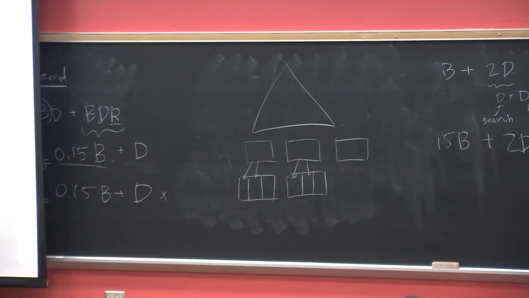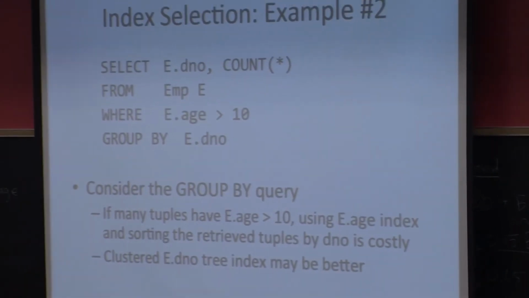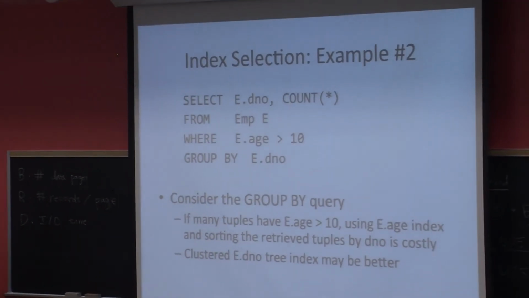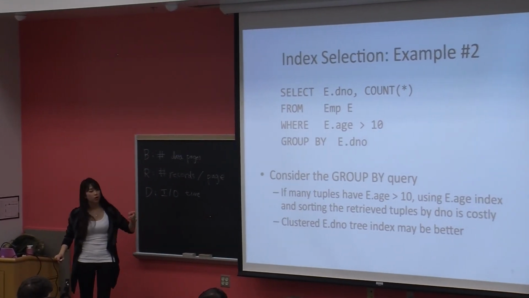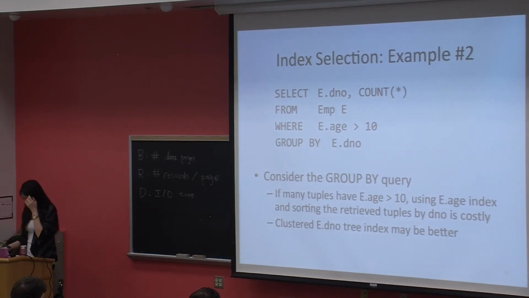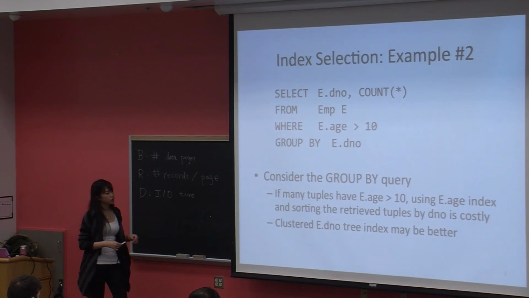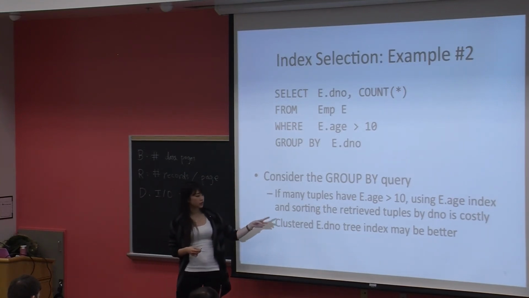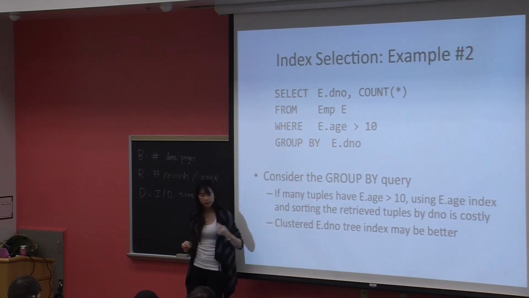Then, when doing the counting, it will take less I/O, because if you do the age, then every time you still have to search for, okay, now we are considering department 1, and we go to this page and that page and that page. And that's way more I/O than necessary compared to that design. So here we say, choosing a cluster tree index based on the department number might be better.